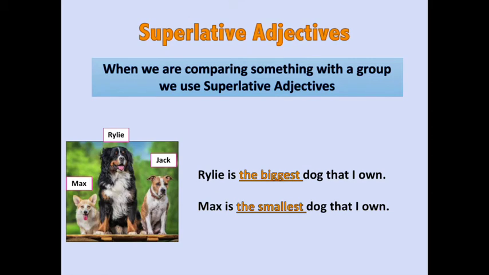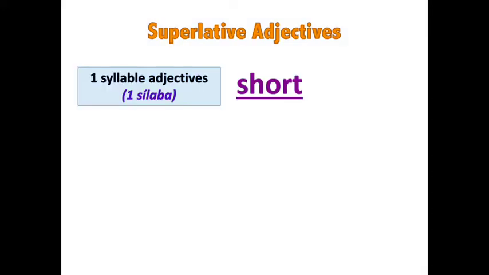When we are comparing something with a group, we use superlative adjectives. Usually, superlative adjectives end in est, and superlative adjectives always have the article the in front of them. Here are the rules for superlative adjectives.